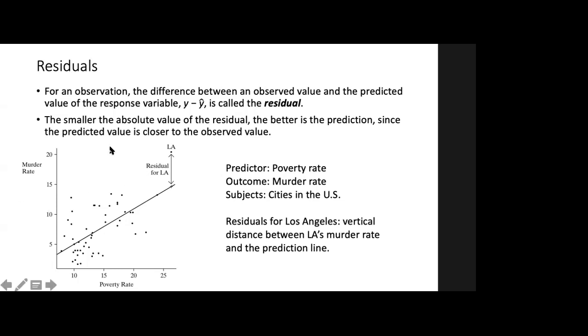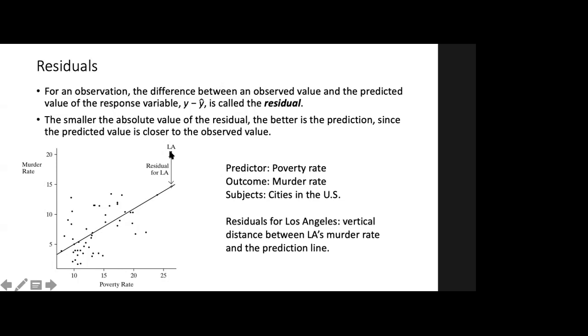What is shown here is for LA, for Los Angeles. We have the poverty rate, which is pretty high here, over 25. And then we also have a pretty high murder rate. But here, this is our regression model, right? That is the model that predicts what the murder rate is based on the poverty rate.